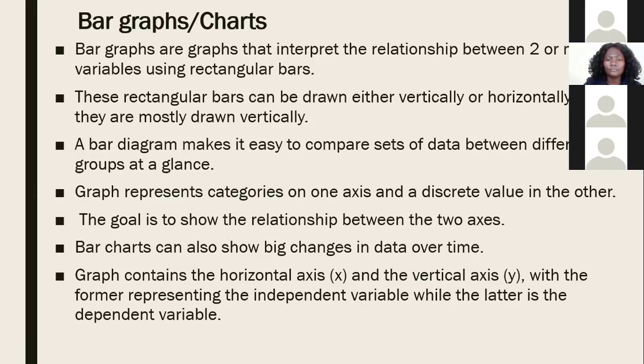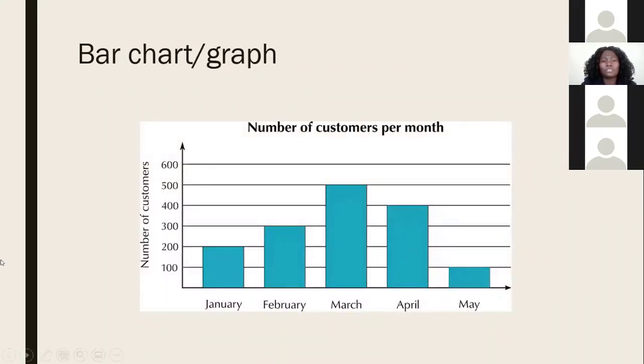The horizontal and vertical axes: the horizontal one, that's the former, represents the independent variable, while the latter one is the dependent variable. So the vertical one is dependent while the horizontal one is independent.